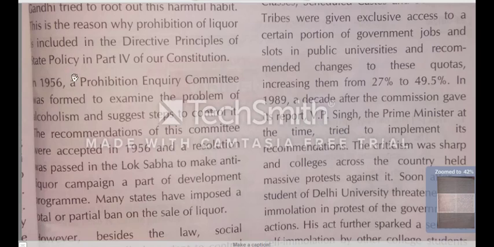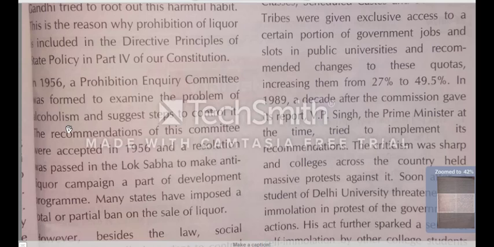The aim of the committee was to examine and find out the reasons for alcoholism.